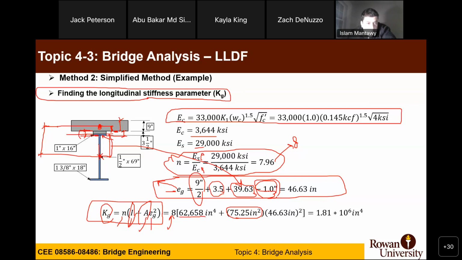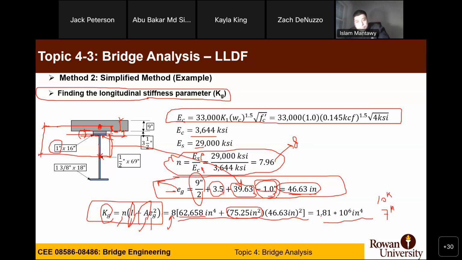I see it. That's why you have to subtract an additional 1 inch, which gives you 46.63. With this equation, you get your Kg as 1.8 million, and the applicability range is between 10,000 and 7 million, so we are okay.